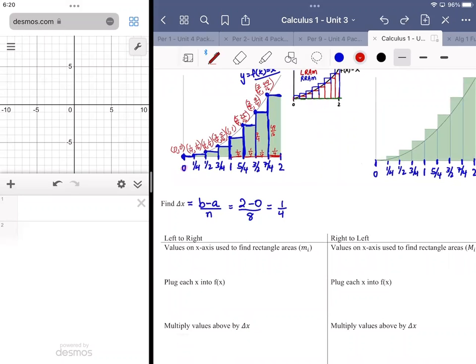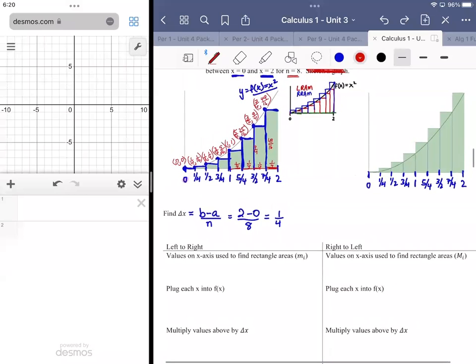Once we generalize that, we can stop working with finite situations like 8 rectangles, because that won't give us a reasonable approximation. It'll give us a lower bound, but not necessarily what we want. Maybe we can get really, really close to the true area under the curve. So we carry through this process.